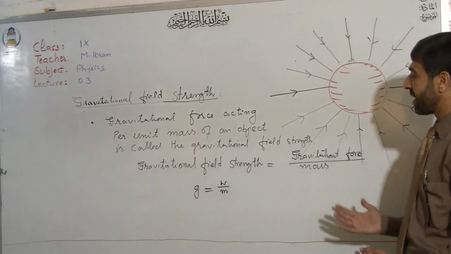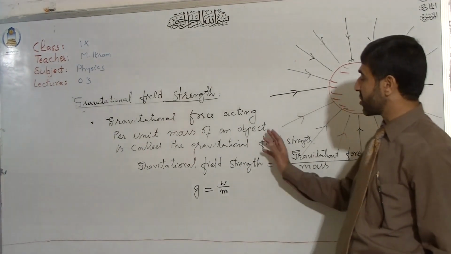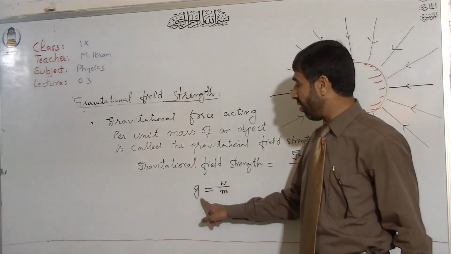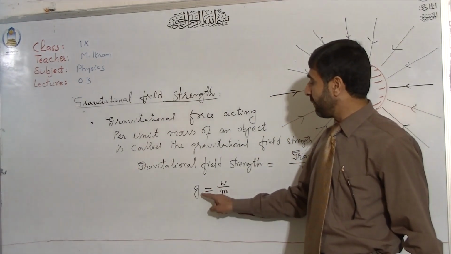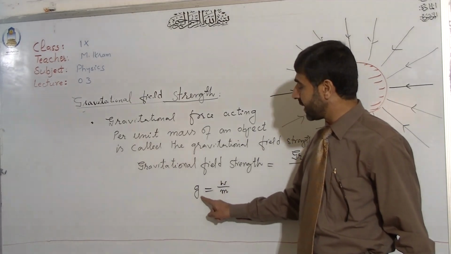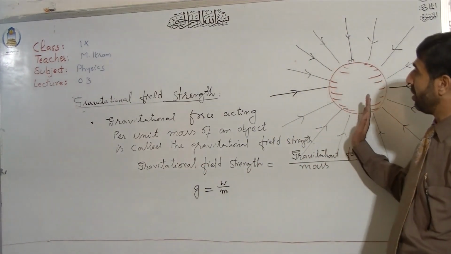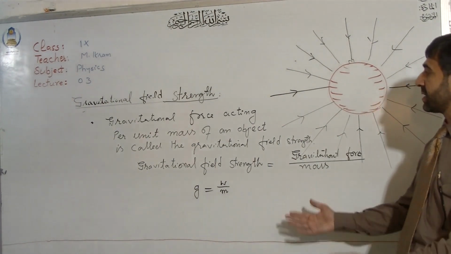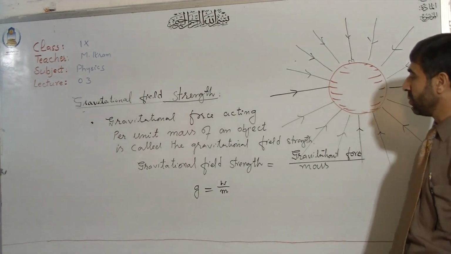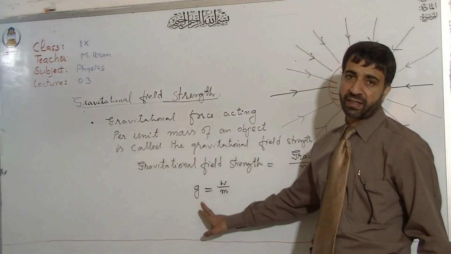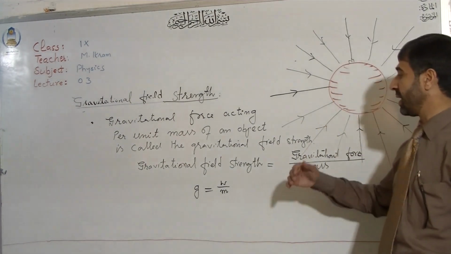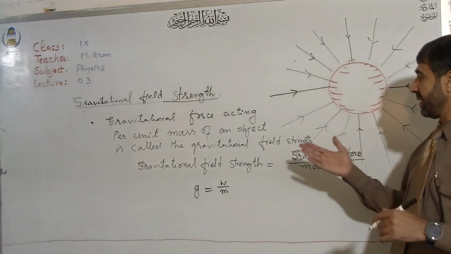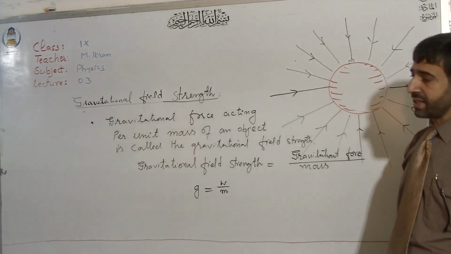It specifies how strong the gravitational force of an object or planet is. If g is greater, you have the greater gravitational field strength. For example, if you compare the Earth and the Moon, it will be greater for the Earth than for the Moon. Similarly, for the same unit mass, it will be far greater for the Sun than the Earth.